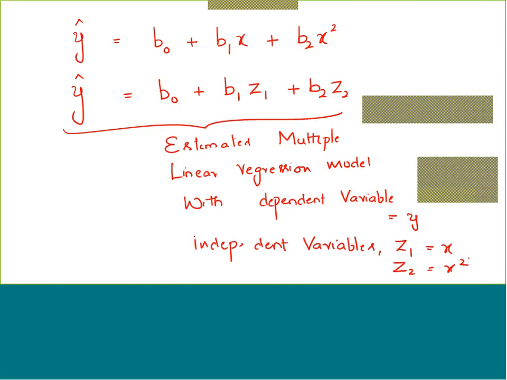So for the software package you need a y column, an x that is your z1, and an x square that is your z2.